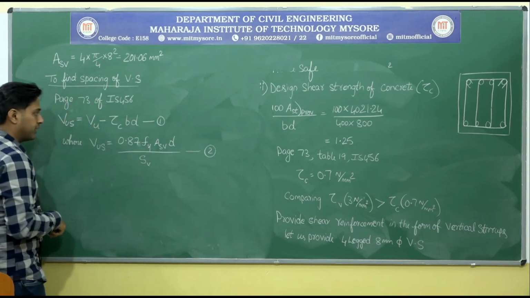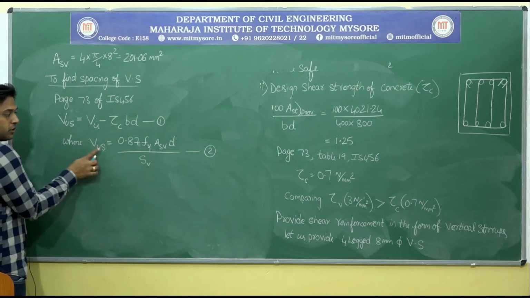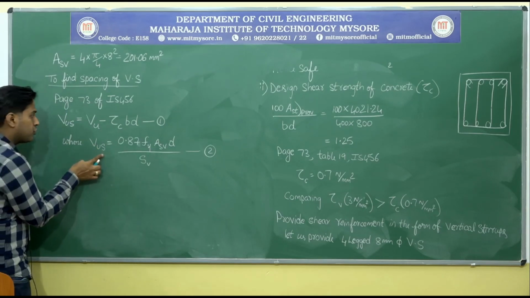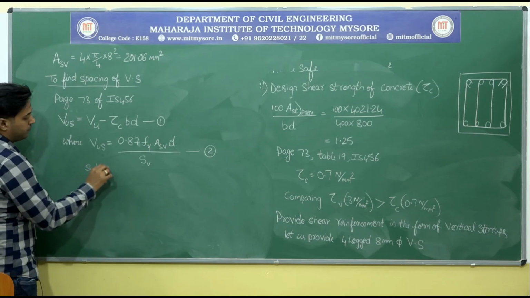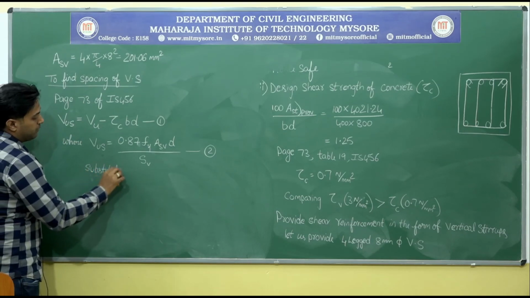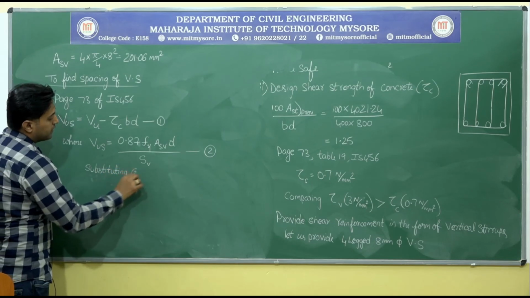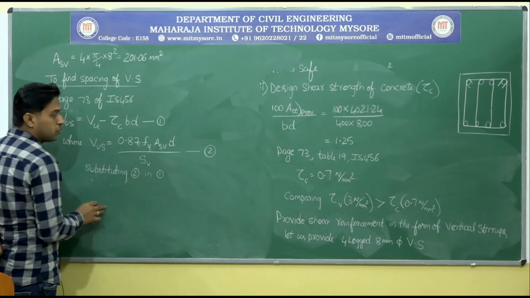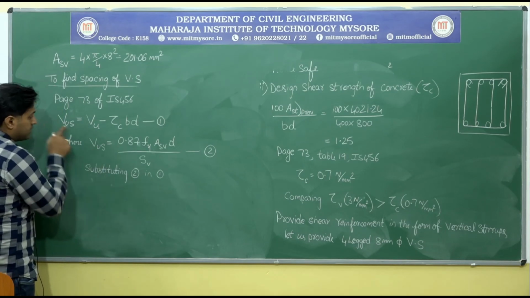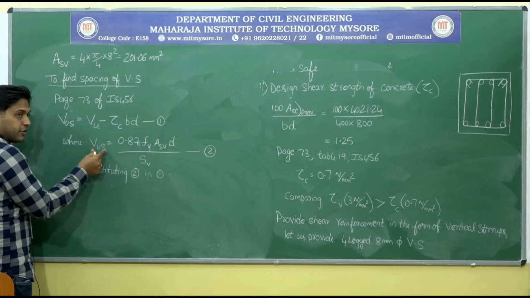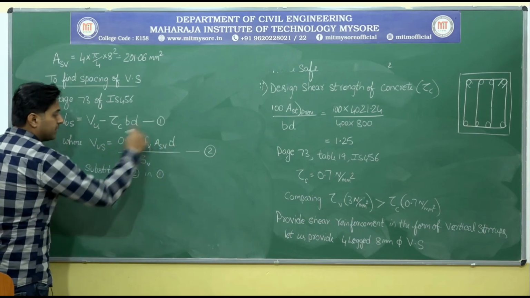Let me call this as 2. So now, observe, substituting equation 2 in 1. So what do you mean by that? Where we are having VUS, here we are having VUS. So instead of VUS, I will be writing this particular formula.